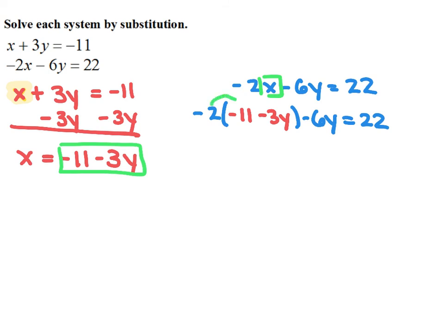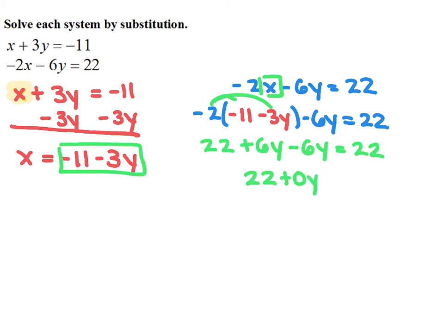Now to solve, you have to first distribute. So you'll get 22 plus 6y minus 6y equals 22. Then if you combine like terms, you'll get 22 plus 0y equals 22. Now that 0y can really be written as if nothing's there.